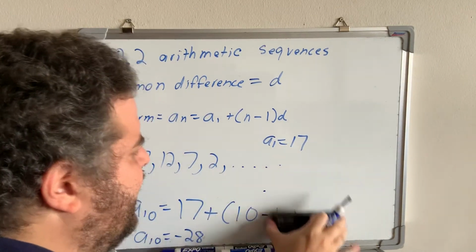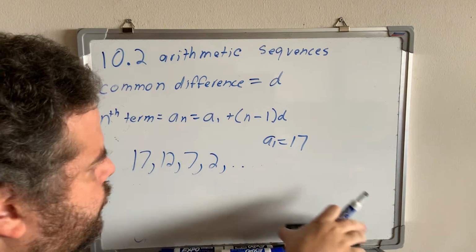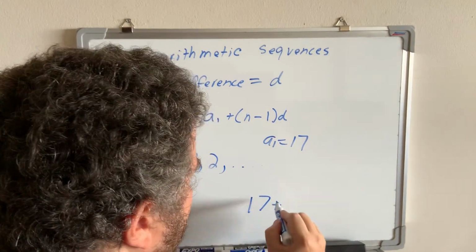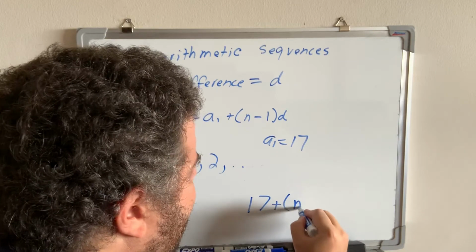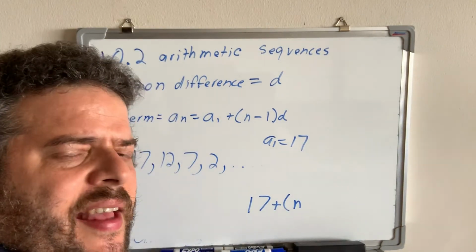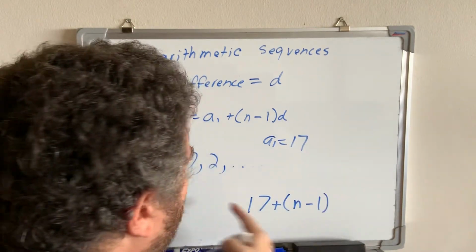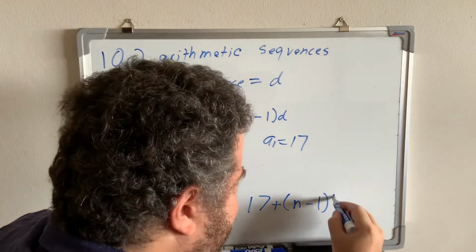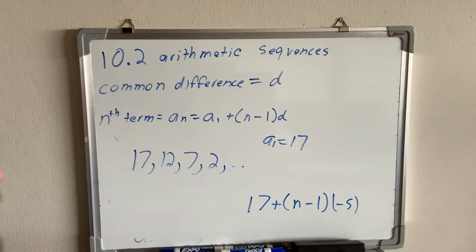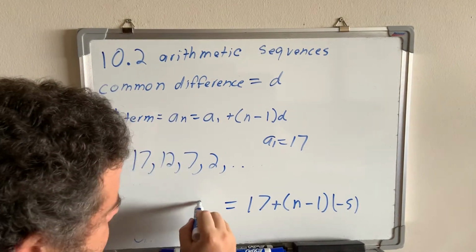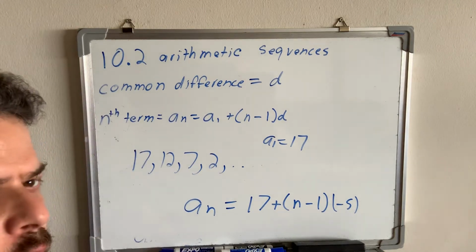So I'm going to state the first term, and I copy it in here, 17 plus, you leave the n expressed as the letter n, minus 1, and we know that the d here is negative 5. Now, that's the initial part of the explicit formula.